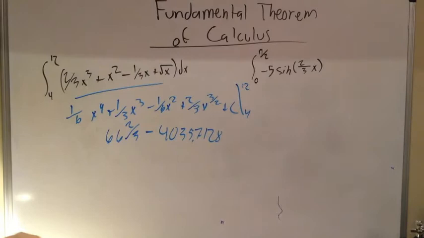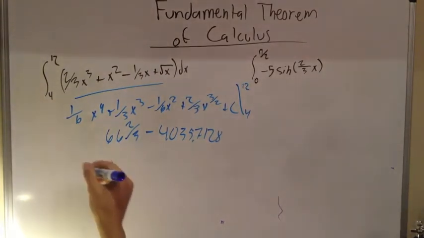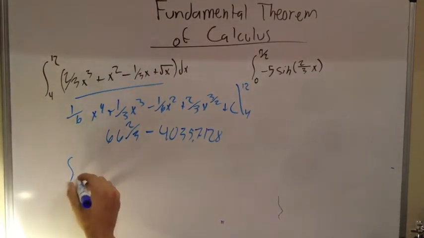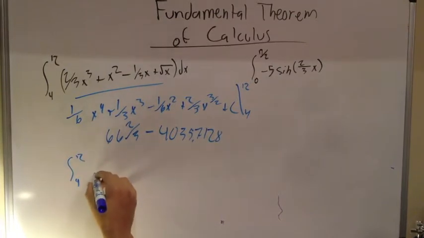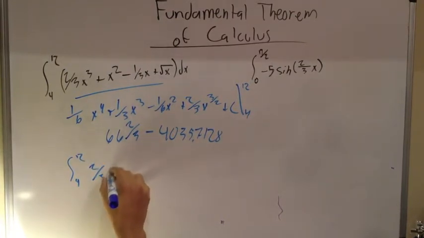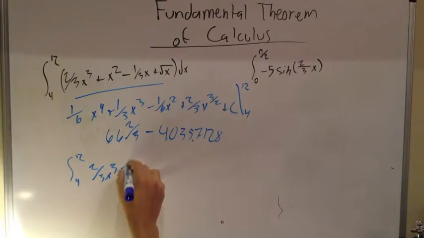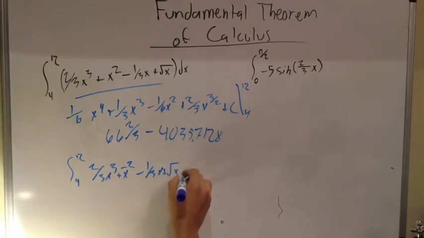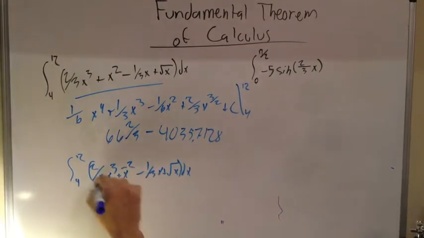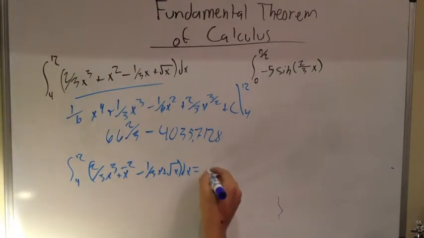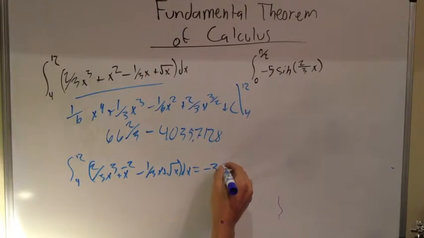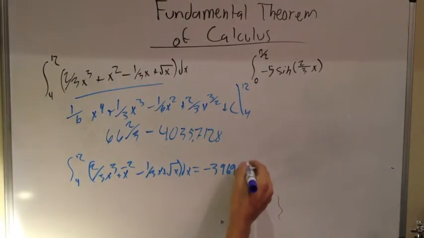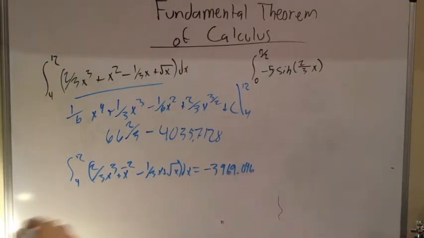So if you subtract this, the integral from 4 to 12 of 2/3 x cubed plus x squared minus 1/3 x plus the square root of x dx equals negative 3969.046.